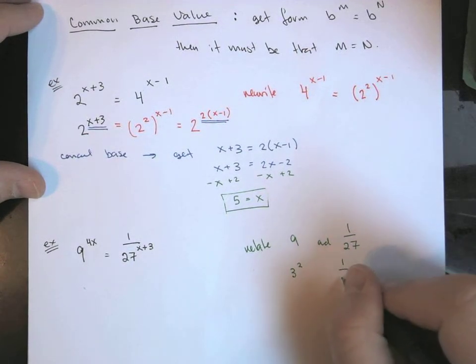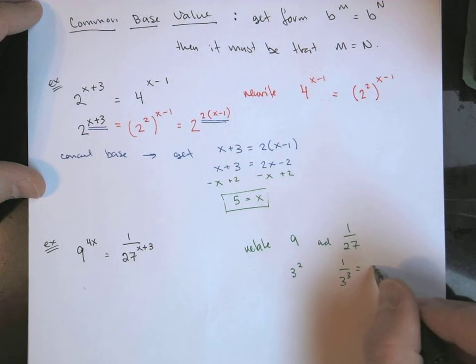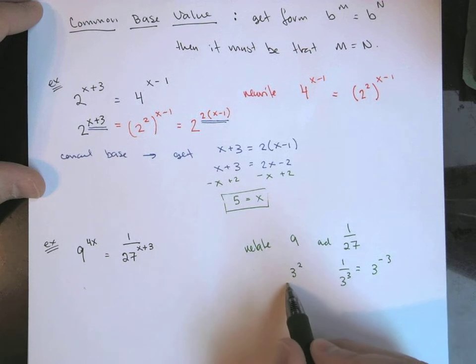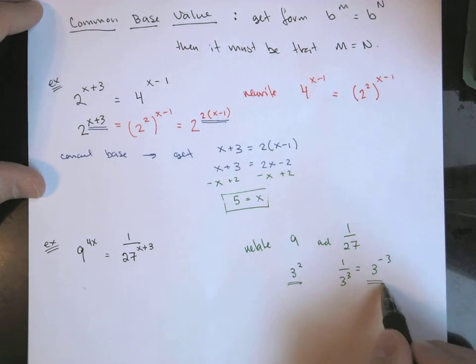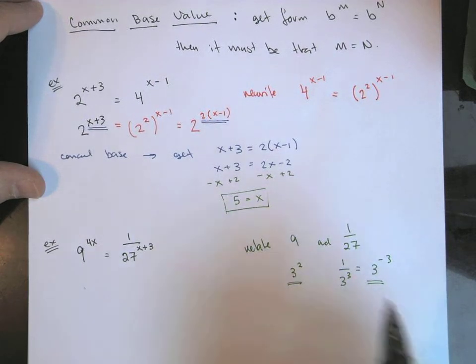So this would be 1 over 3 cubed, and then how do I get 1 over? That would be the same thing as using a negative power. So 9 is 3 squared, and 1 over 27 would be 3 to the negative 3, since 3 cubed is 27, and negative 3 flips it down into the bottom.